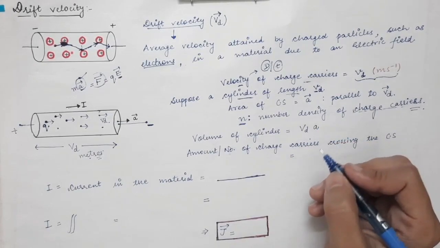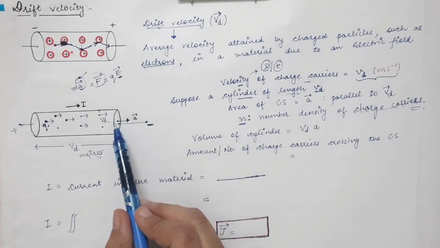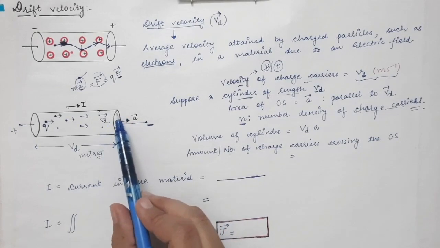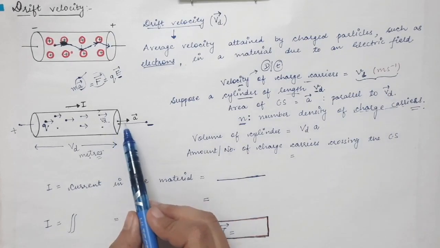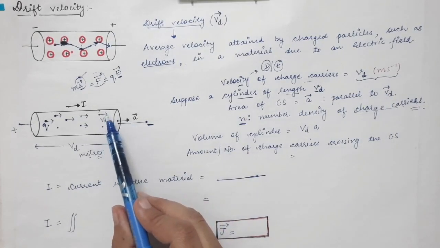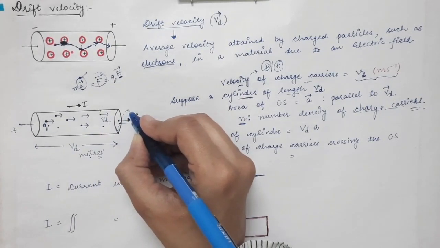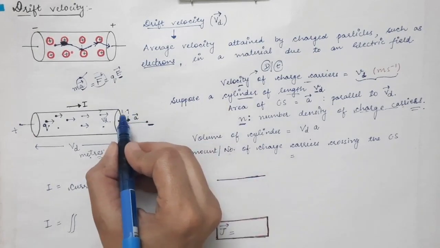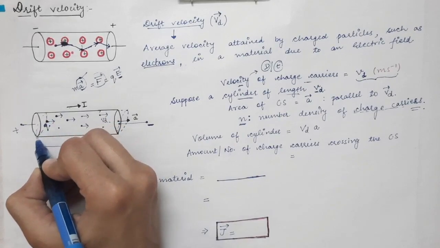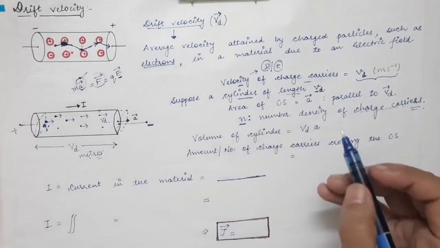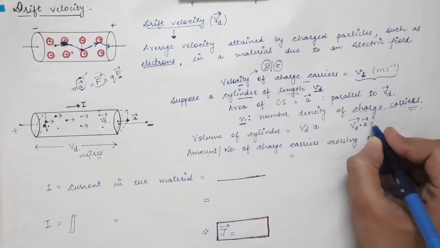If A vector is not parallel to VD vector but makes a certain angle with it, then the volume will be given by the dot product of VD vector with A vector.